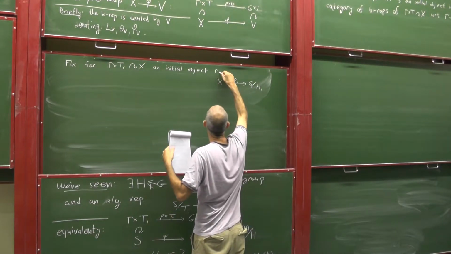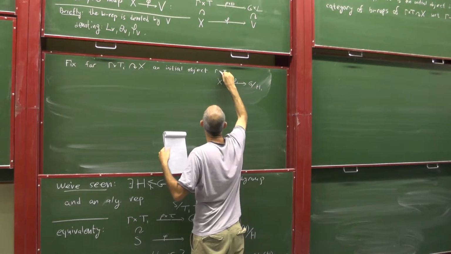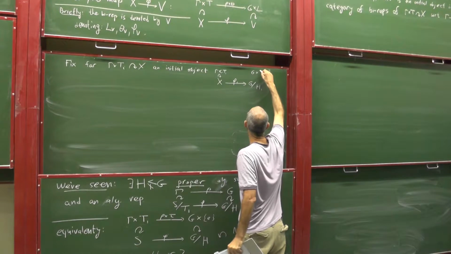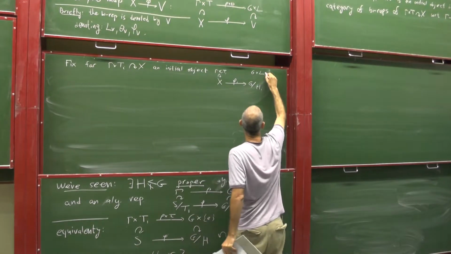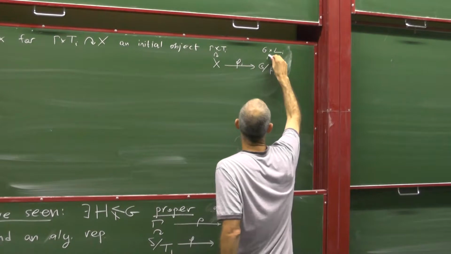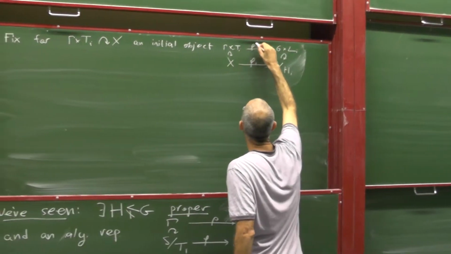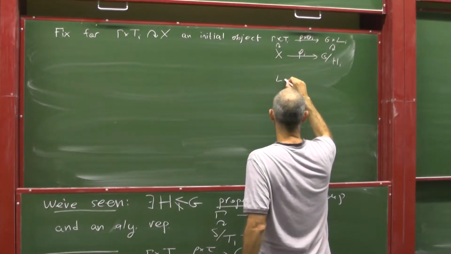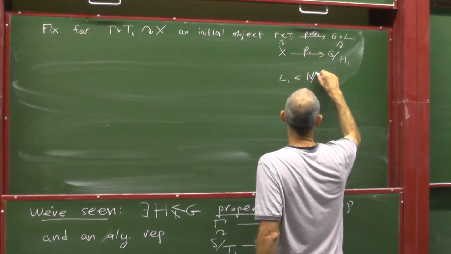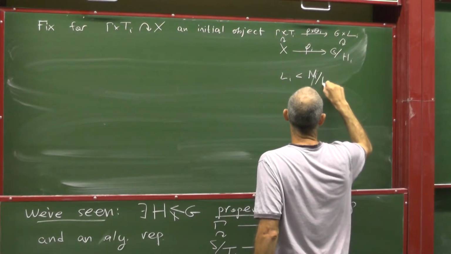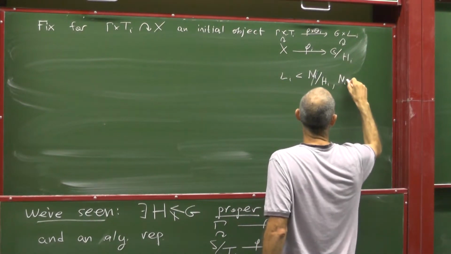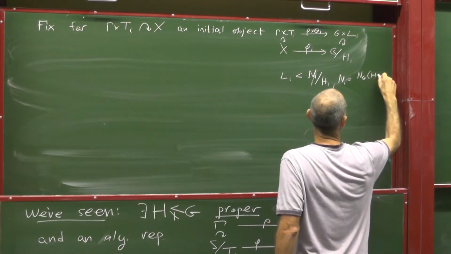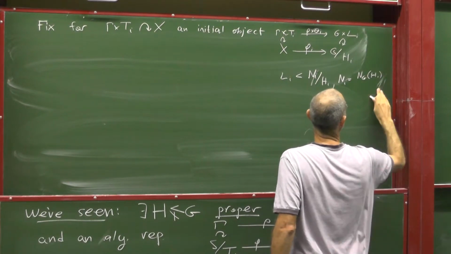Here I'm having gamma times Ti acting on X. X is S. And here I will have G coming with this initial object, some group L. This is rho times some theta i, which comes with this. And Li here is actually Ni mod Hi, where Ni is defined to be the normalizer in G of Hi.